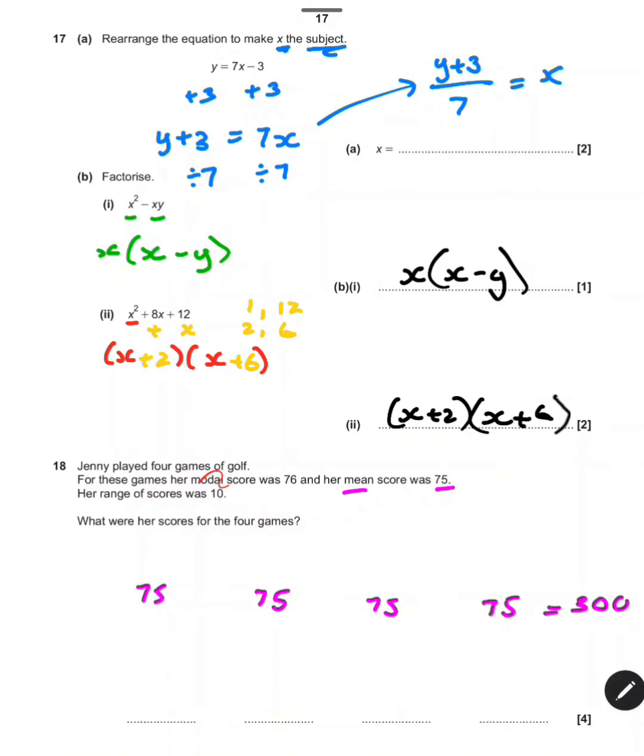We're told that the modal score is 76. The modal score is just the mode, so it's saying there's more 76s than any other number. I'll tell you now, those will usually go in the middle of this set of missing numbers. Now we're aiming for a total of 300 from these 4 numbers, and we know we've got at least 2 76s.